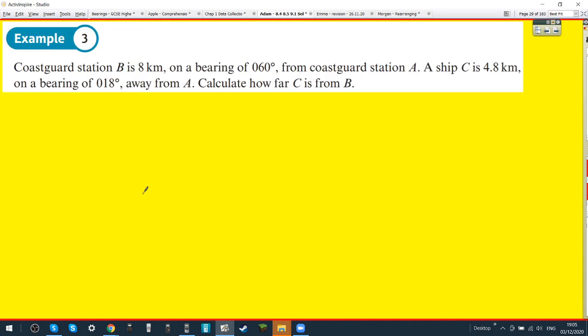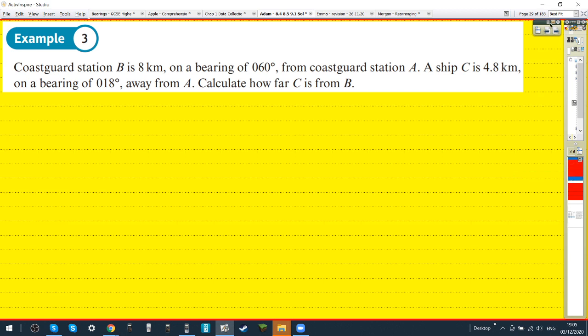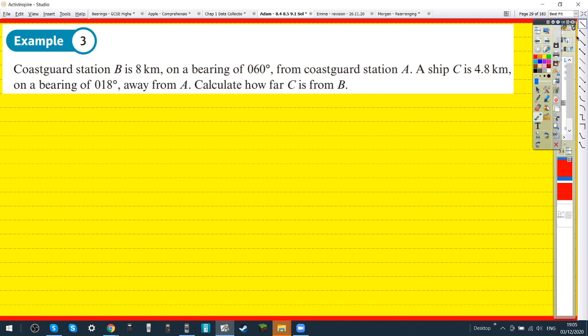Let's see. Coast Guard Station B. I want to use an arrow or something. So it's 8 kilometers on a bearing of... All right.